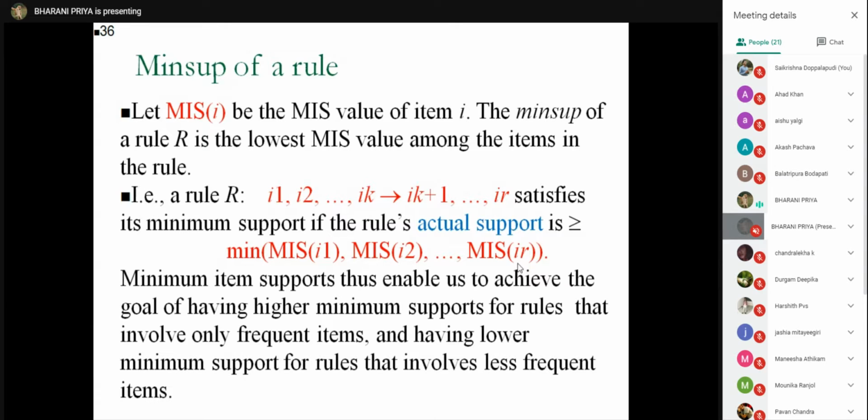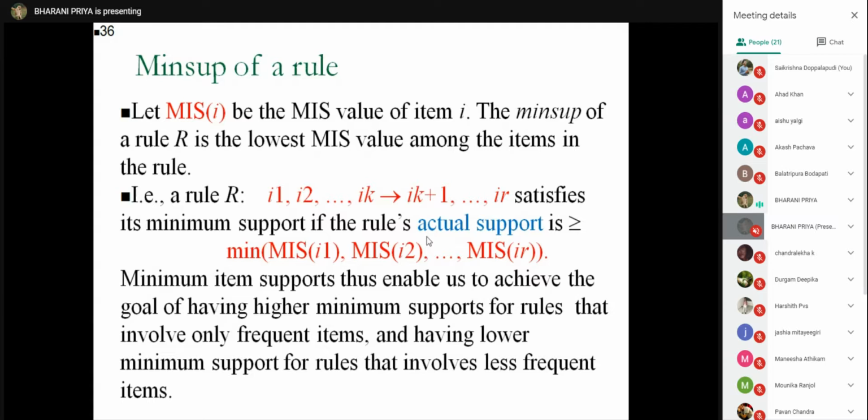So for each item we are specifying some MIS value. The minimum of these MIS values should be less than our actual support value while taking some rules.